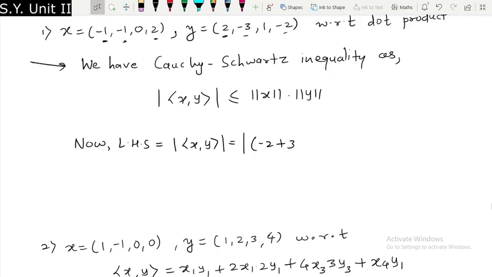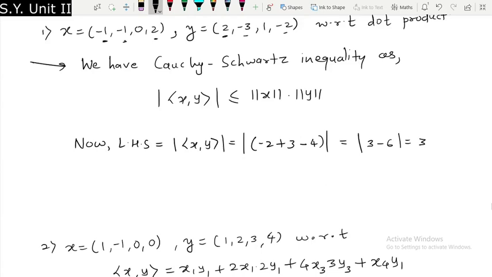Next, 2 multiplied by minus 2 is minus 4. Mod of this will be mod of minus 4 minus 2 plus 3, which is minus 6 plus 3, so mod of minus 3, and it is going to be 3. Therefore our LHS is 3.